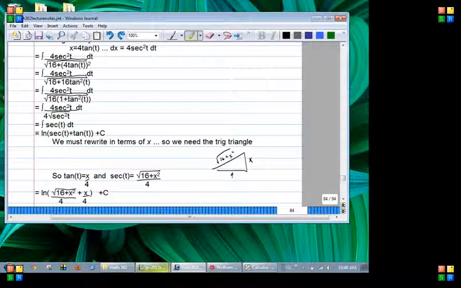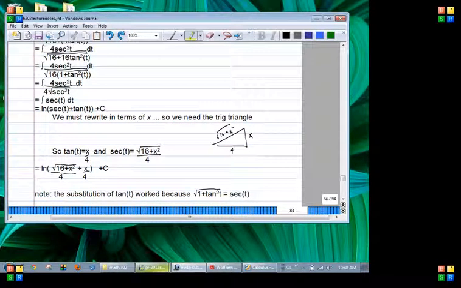Okay. So once again, the substitution of tan t worked because we had a radical of constant plus something squared. And so when that becomes tan, it works out to just the square root of secant squared, which is just secant t.